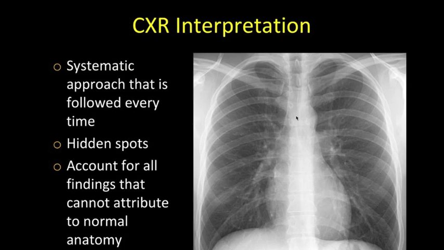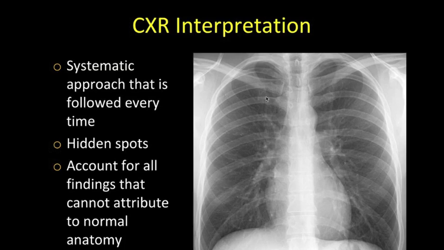Attention to the central region, which includes the trachea and the vertebral column, and then all the mediastinal contours that we discussed in terms of what's expected. The azygoesophageal recess is an important landmark to always be visualizing on a PA and lateral radiograph, sometimes not well visualized on portable radiography due to technique.